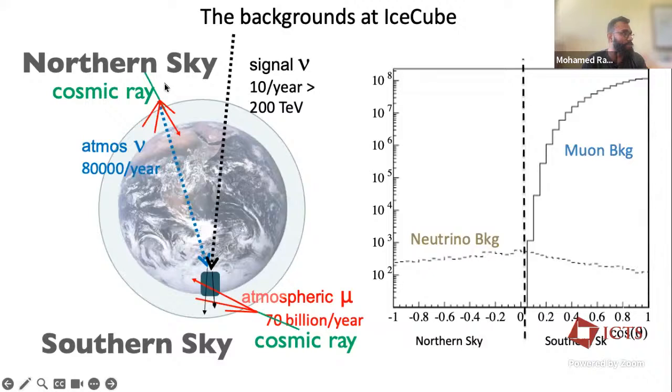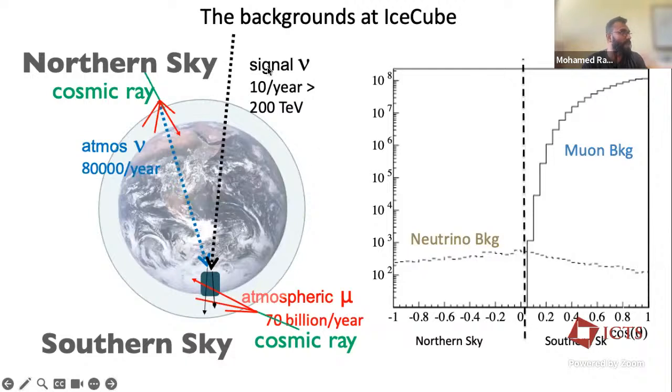So you have two types of atmospheric backgrounds: neutrinos produced in interactions of cosmic rays in the upper atmosphere, which go through the Earth and interact near the detector to produce track-like events, and then muons, which are directly produced in these interactions, which in the downgoing direction is 6 orders of magnitude larger in flux.